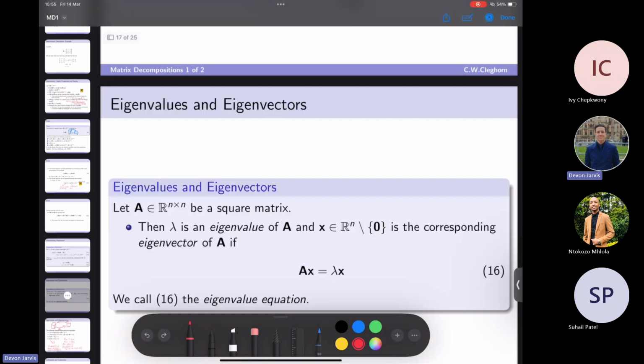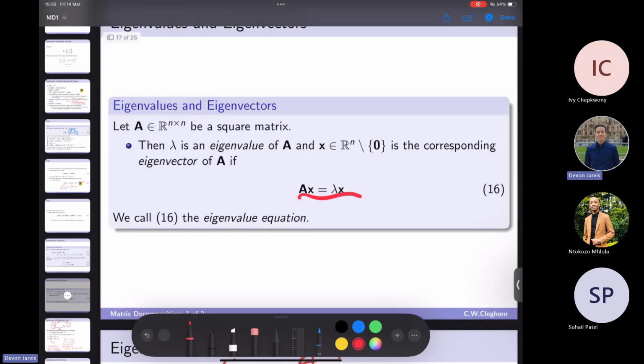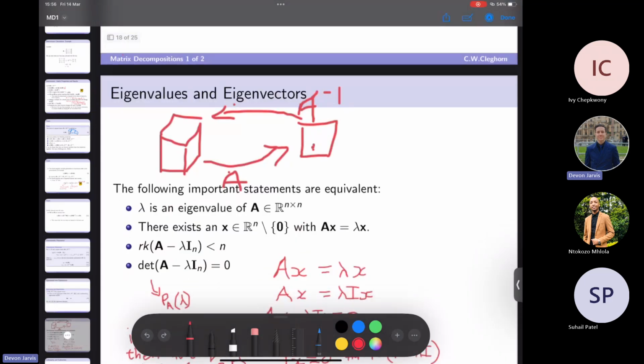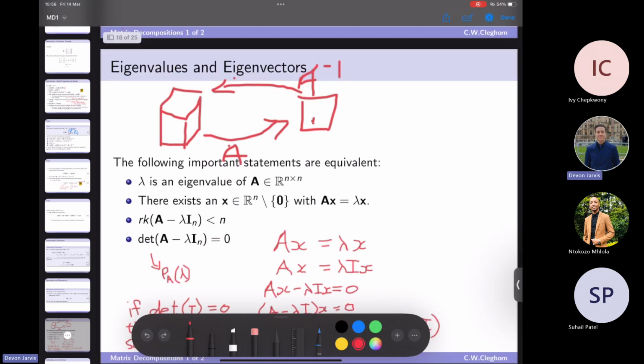I'm taking the stretch dimension that x would be pointing in, that A would be stretching along, and making sure that it can only set things to 0 in that axis. That's what happens when I take lambda times the identity in that case. Similarly, because now I've lost rank, my determinant is going to be 0.